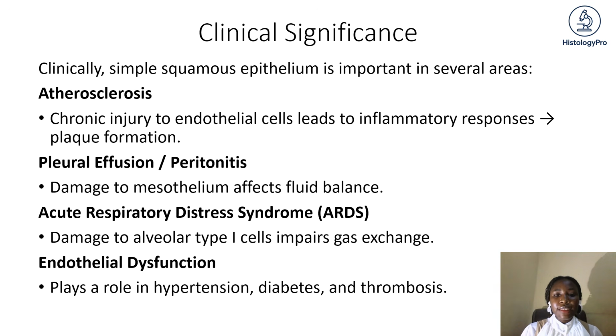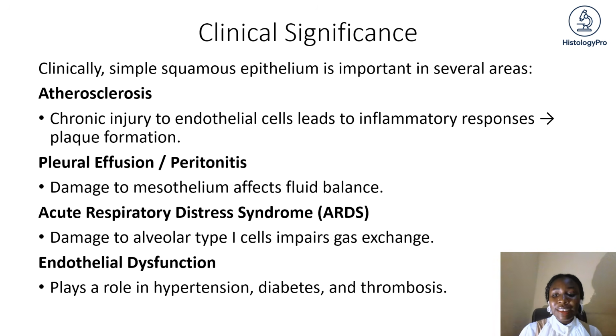Looking at the clinical significance of this tissue, understanding the normal histology helps us recognize pathological changes. Beyond its basic structure and location, simple squamous epithelium has significant clinical importance. Damage to this tissue can interrupt diffusion, filtration, and fluid balance, leading to several important disease conditions.